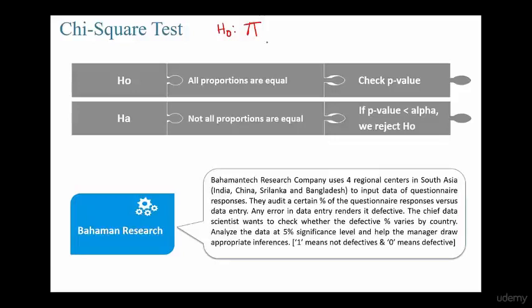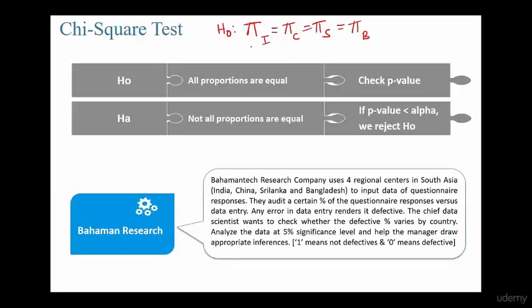So proportion of defectives in Indian regional center is equal to proportion of defectives in Chinese regional center is equal to proportion of defectives in Sri Lankan regional center is equal to proportion of defectives in Bangladesh regional center, right?